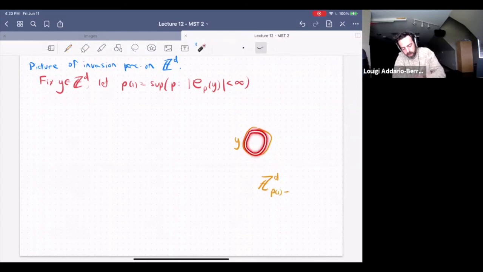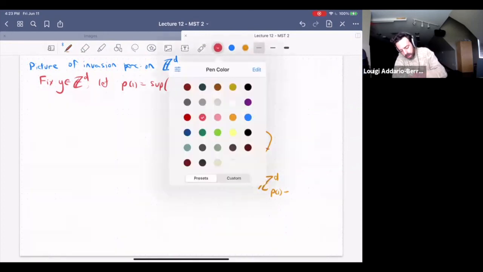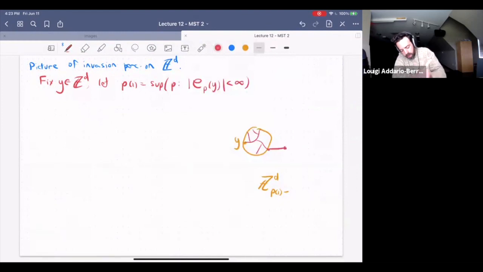Then we know that this component is spanned by edges of weight less than P1. So it'll get fully explored by Prim's algorithm, and then Prim's algorithm will be forced to add this edge, some edge of weight P1. Okay? We know that at P1, there's going to be an infinite connected component.